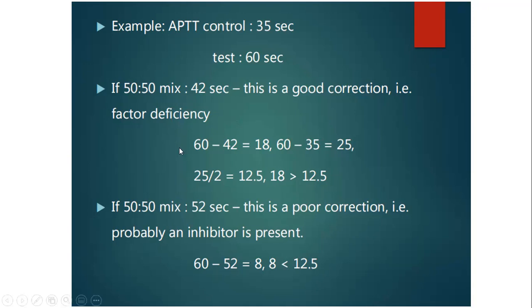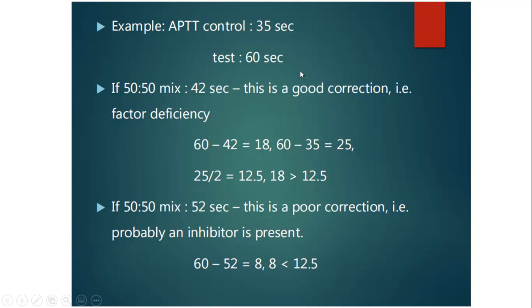So how do we calculate? We just want to see the relationship between the 50-50 mix, the APTT of the test sample, and the APTT of the control. First, we set a threshold that will be our basis.